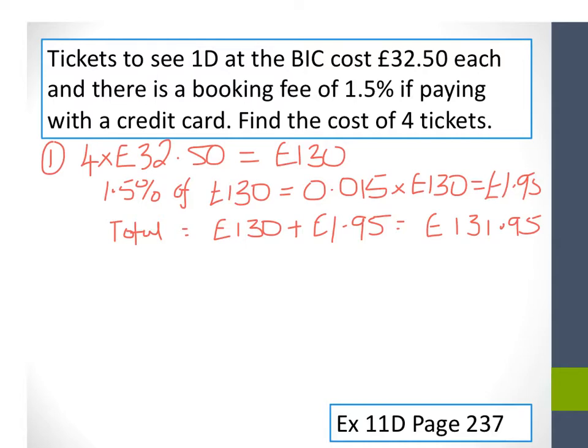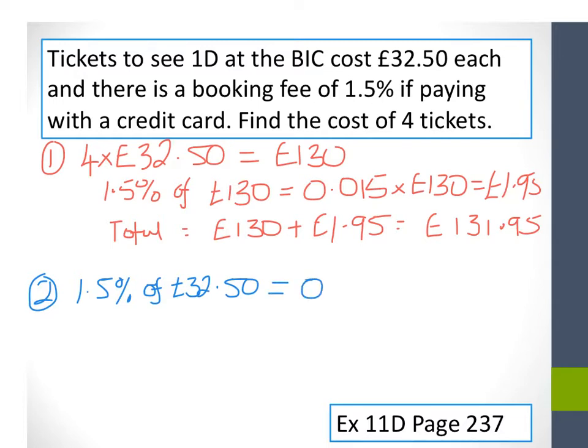Now some of you might have said, okay, but I could work out what 1.5% of £32.50 is, work out the new cost of 1 ticket with a credit card and then multiply that by 4.